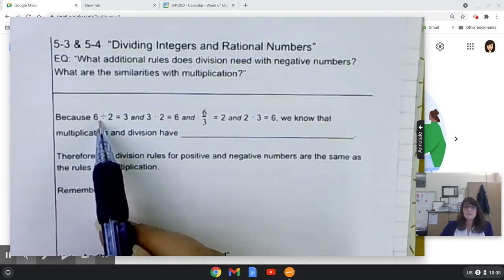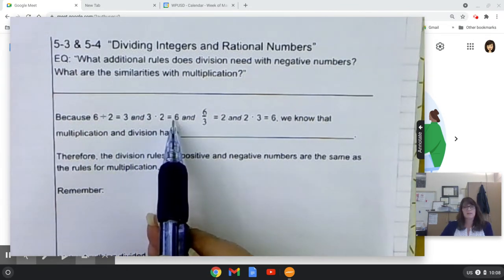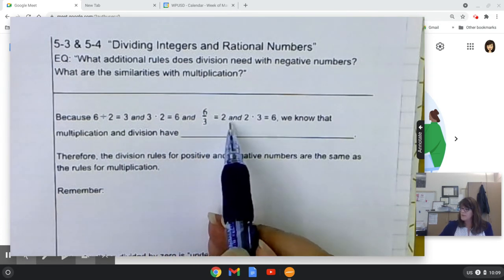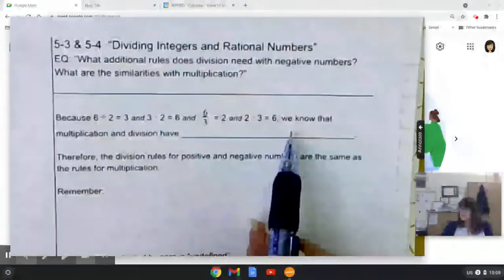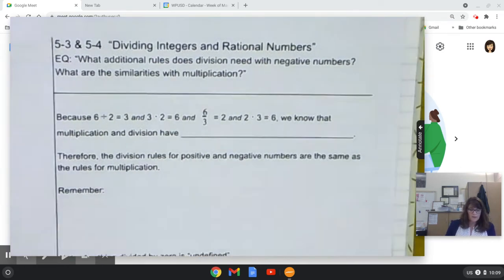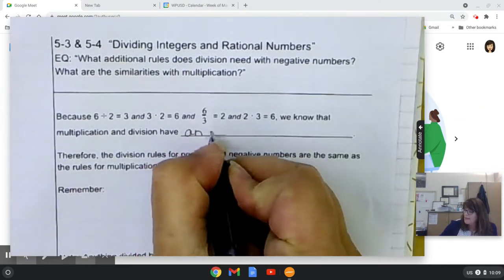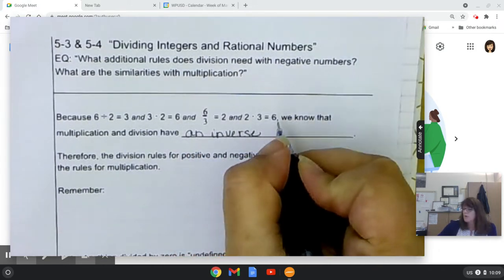Now, because 6 divided by 2 is 3, and 3 times 2 is 6, fact families that you already knew. 6 divided by 3 is 2, 2 times 3 is 6, fact families. We know that multiplication and division have an inverse, please write this down, relationship.